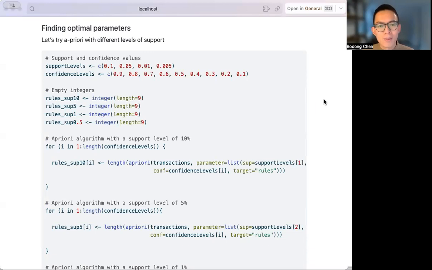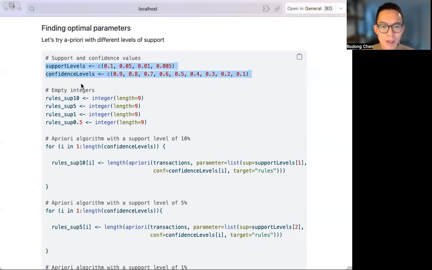And here, I think it's also helpful to look at how different parameters, if we combine them, could impact the number of rules we could identify from our data set. So in this example, I will not dive into the code itself too much because it's slightly more complicated, but it's going through a number of different parameters.